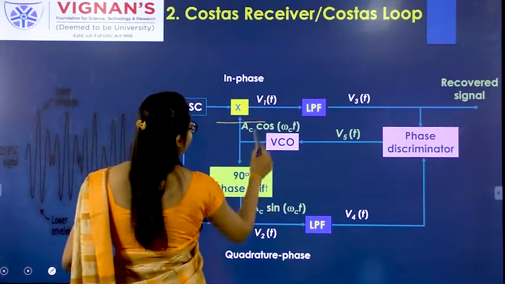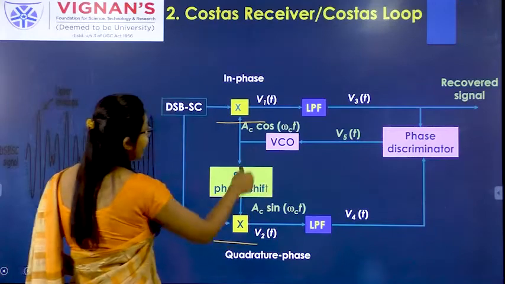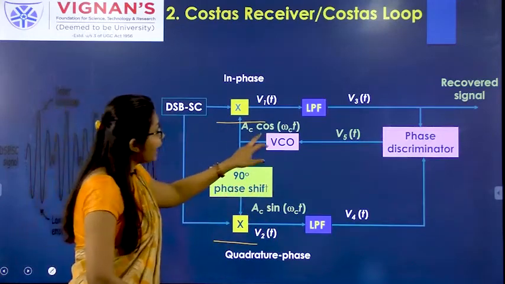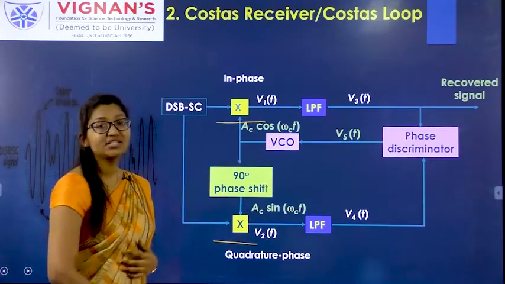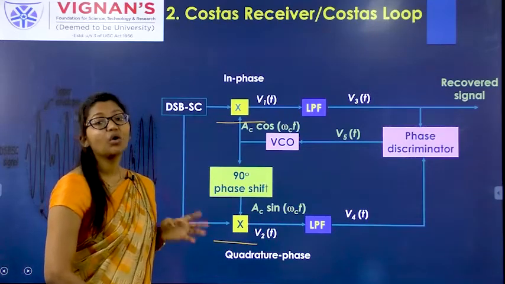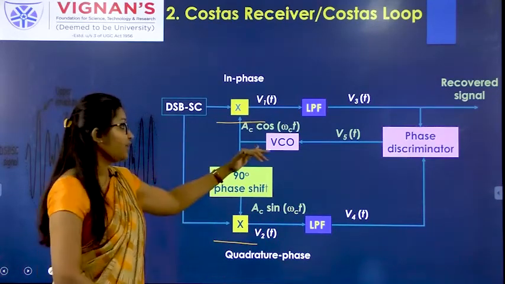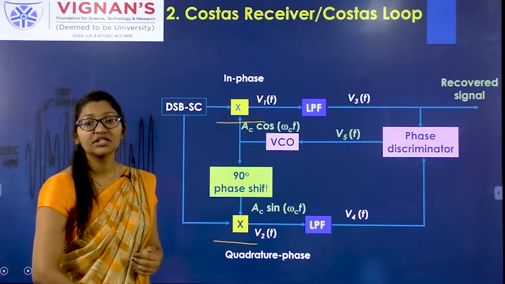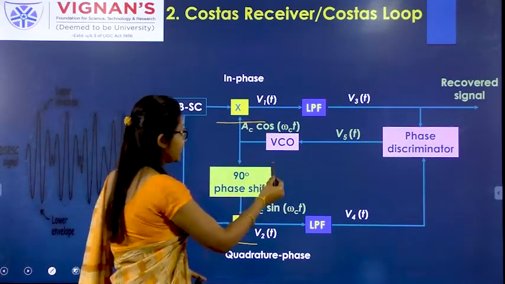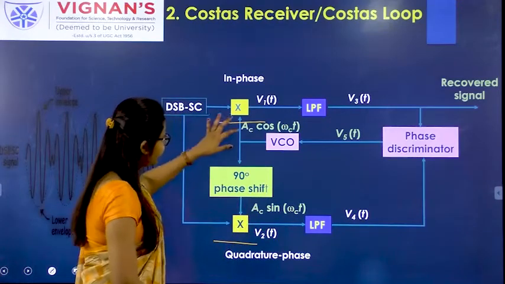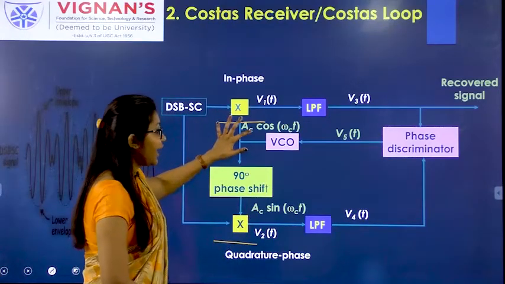This is one coherent detector and this is the second coherent detector, and here the carrier signal is generated by using a VCO, voltage controlled oscillator. There we used a local oscillator, but here we have used a voltage controlled oscillator. I will explain what a VCO is, and the VCO will generate the carrier signal.